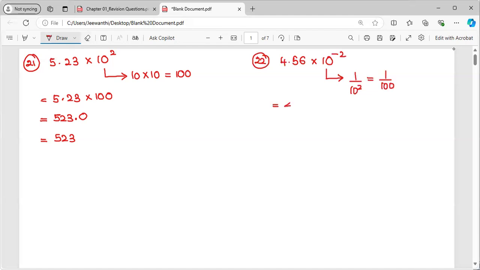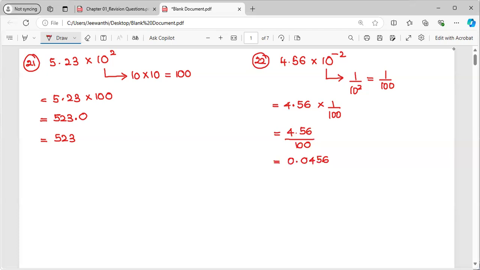So we have 4.56 multiplied by 1 over 100, that means 4.56 over 100. So my answer will be 0.0456. After writing the final answer, you just double check in your mind whether the decimal movement was done correctly.